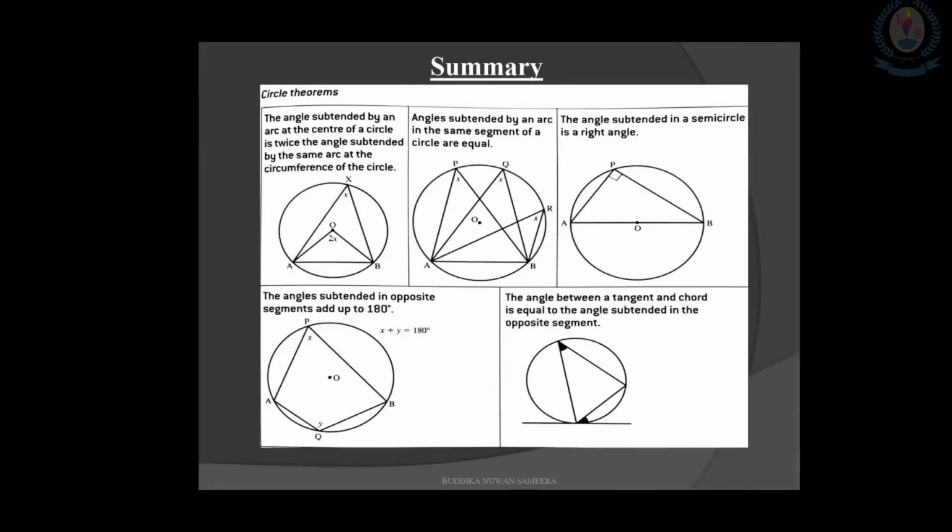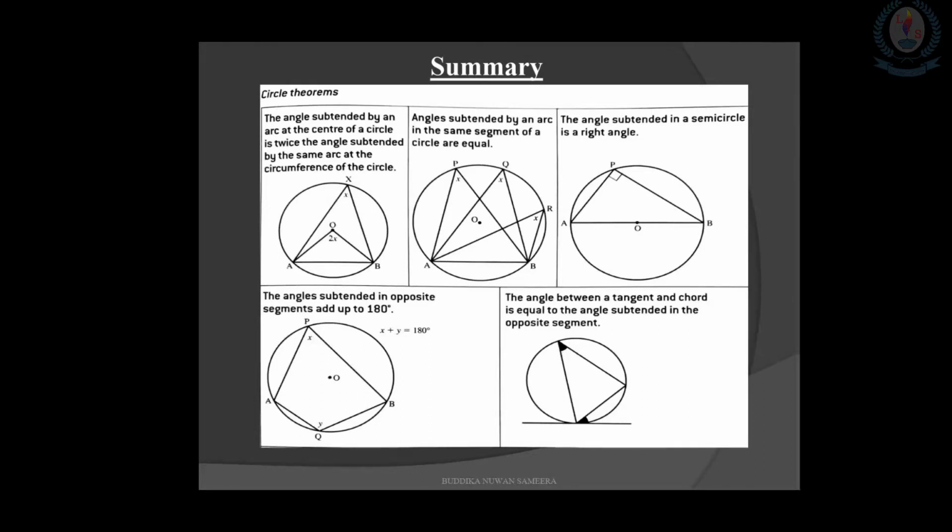So the value of x is 120. Summary of the presentation. We learned about circle theorems. The first theorem we learned: the angle subtended by the center is twice the angle subtended by the circumference. The next theorem: angles in the same segment are equal, or angles subtended by the same chord are equal.